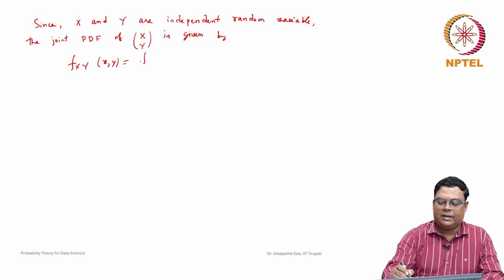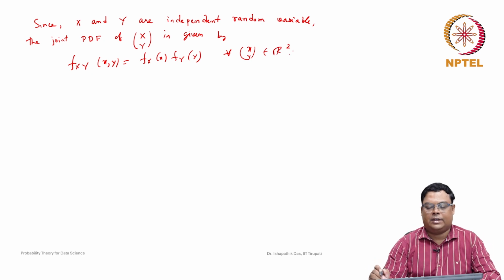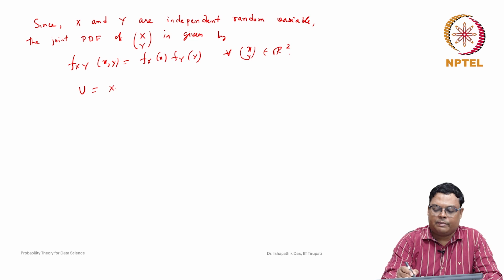Because they are independent, by definition it will be the multiplication of their marginal probability density functions, fX(x) fY(y), for all (x, y) belonging to R2. So that is the thing. Now we will take this transformation u is equal to x plus y.